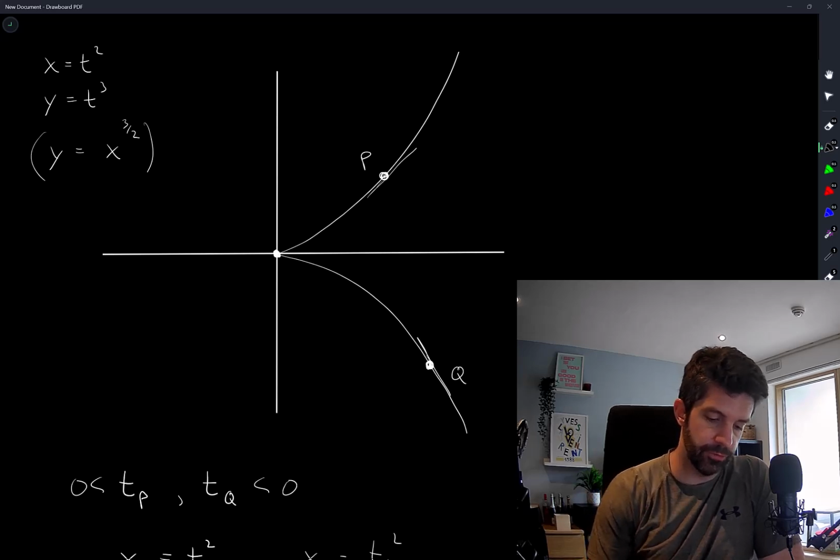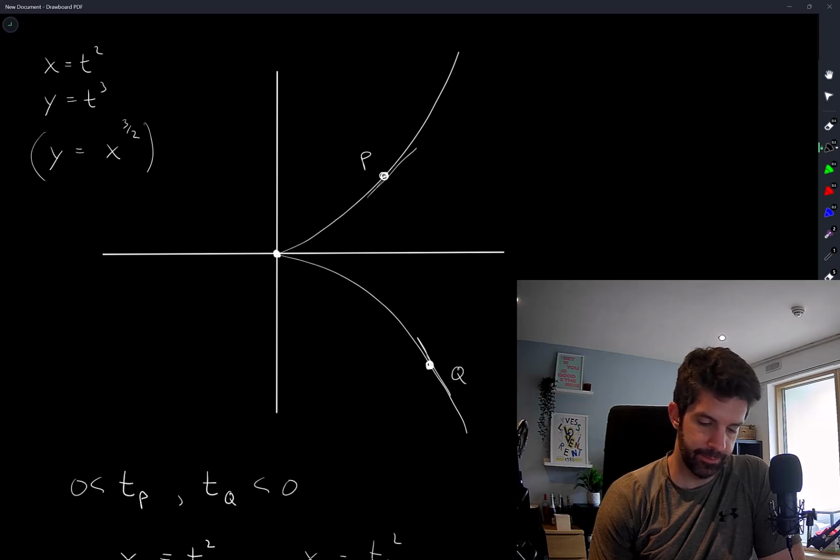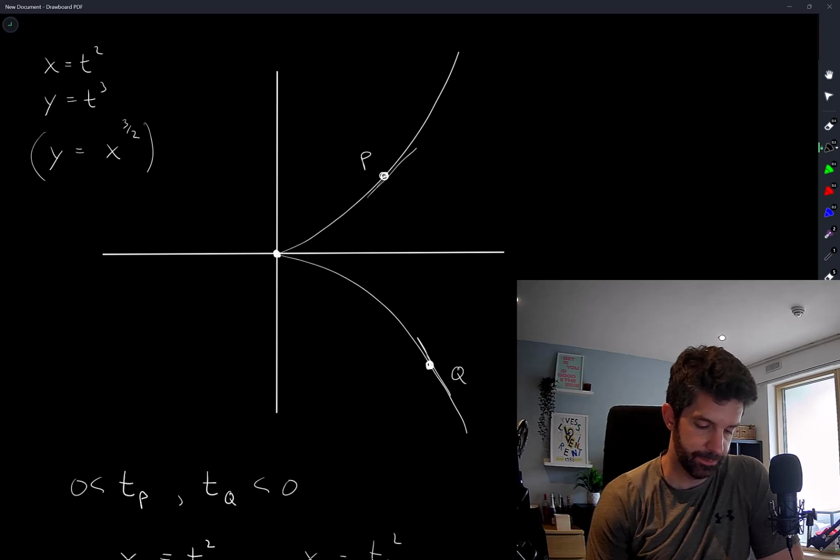Those tangent lines are going to meet somewhere. And we have to find, I suppose, a parametric equation for the curve where these tangents meet.